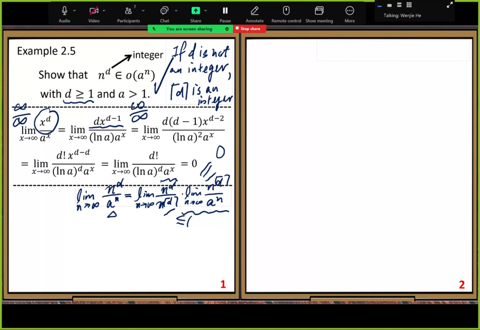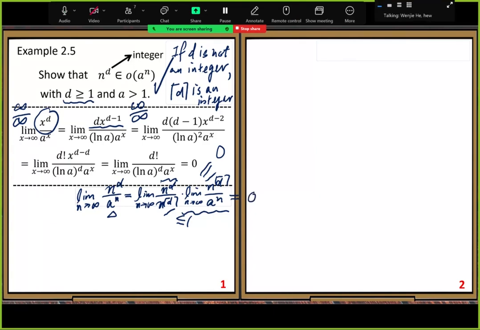If it's different, smaller than 1, the limit is 0. So the limit can only be two cases, 1 or 0. No matter if it's 1 or 0, that number times the second 0 is also 0. See? So this limit equals 0.